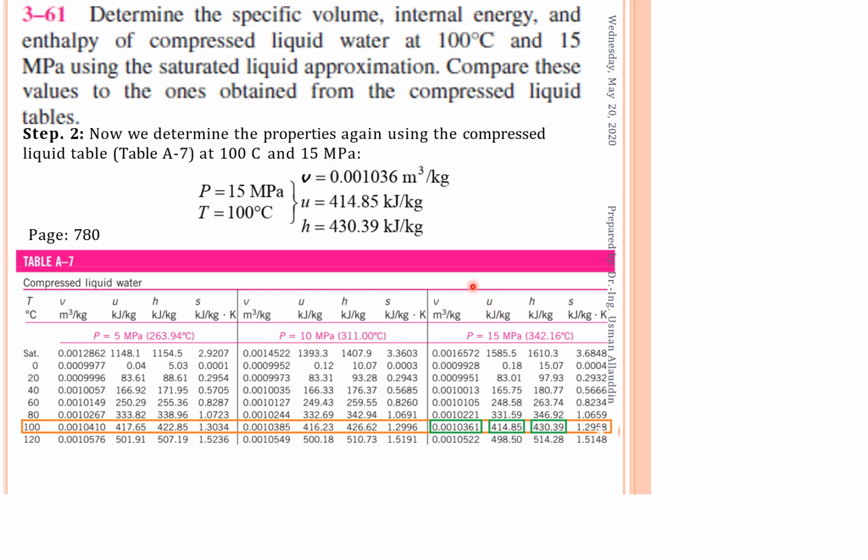It contains both the values of Vf and Vg, because Vf is saturated liquid and Vg is saturated vapor. But compressed liquid is where no vaporization has occurred yet, so the values are certain. So we do not have Vf or Vg, we only have a single value.